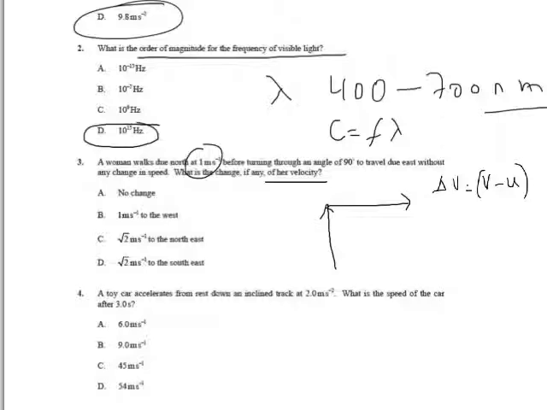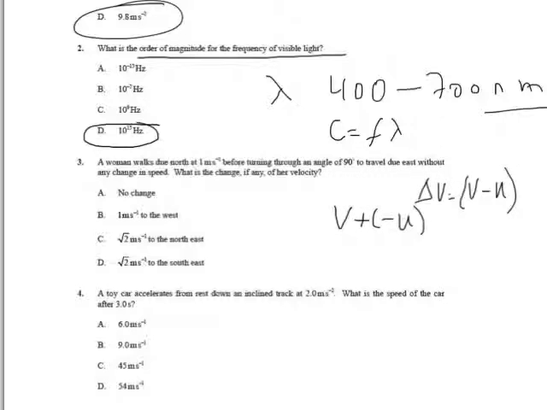If we redraw this vector, because this is u and this is v, to represent v minus u, it would look like this, v plus minus u.